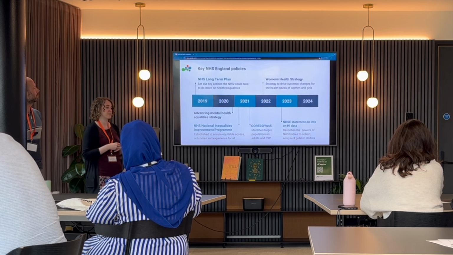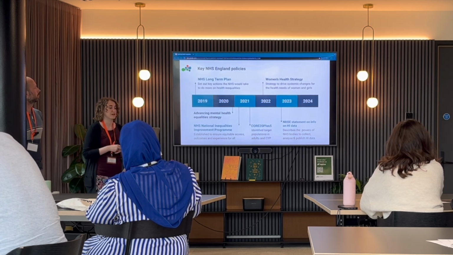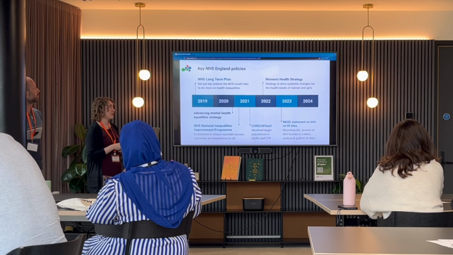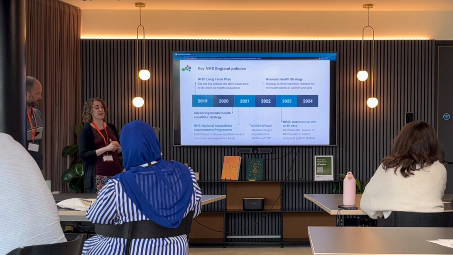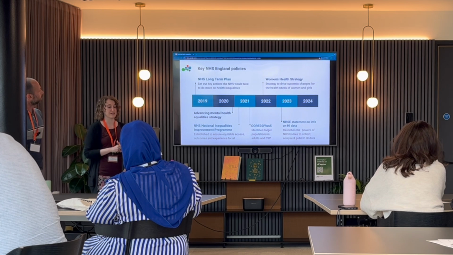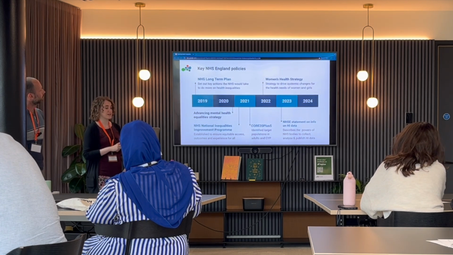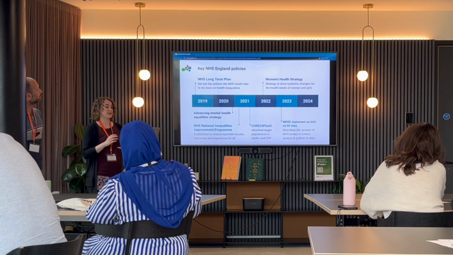And in 2020, we saw the Advancing Mental Health Equality Strategy, which summarised the key actions to bridge the gaps for communities faring worse than others in mental health services. It was also an important element of the overall NHS plans to accelerate action to address health inequalities in the next stages of response to COVID-19.